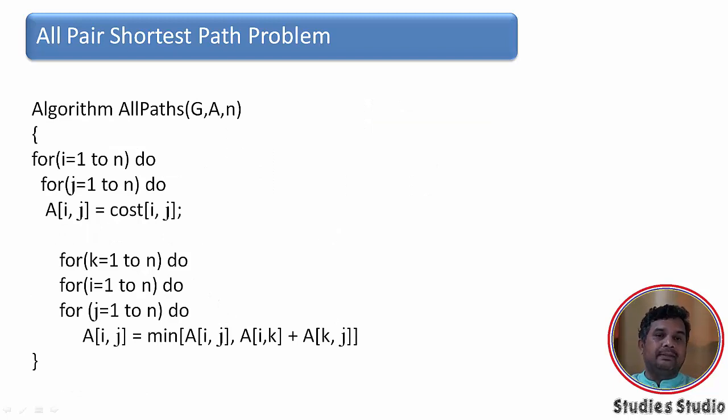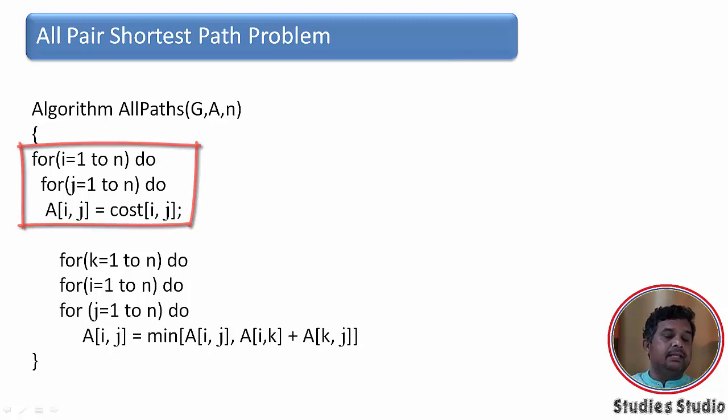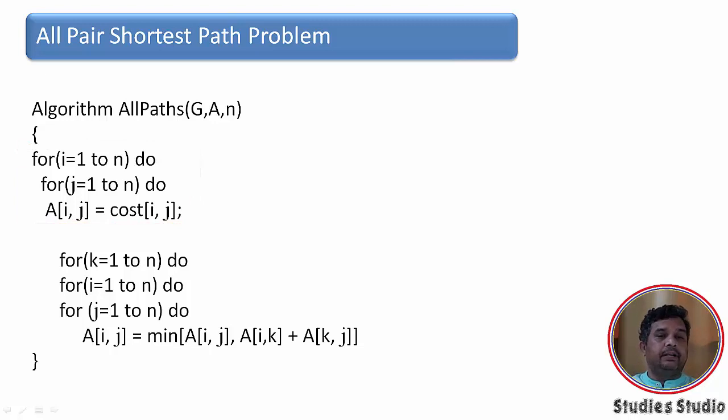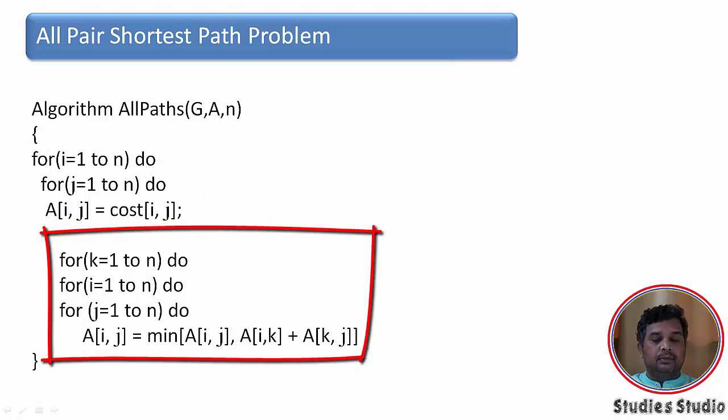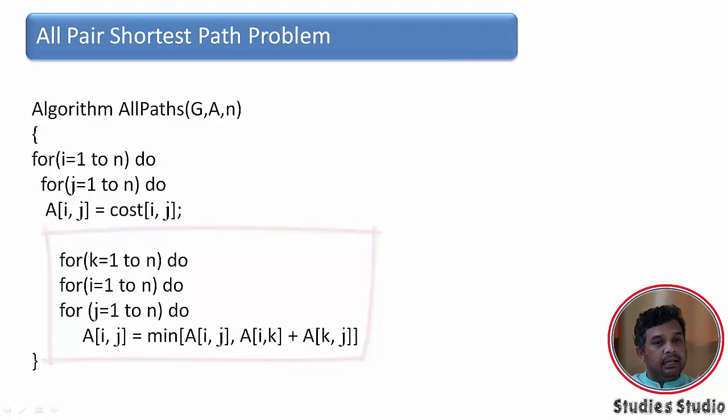Now let us talk about the algorithm. As it is a matrix, always we are going to take two loops. The cost matrix is nothing but A0. That is the first thing that we did. Next what we did, we took the value of ij and the minimum of ik plus kj. Here there are 3 loops I am having. As there is a k which is changing, I am taking one more for loop for k.